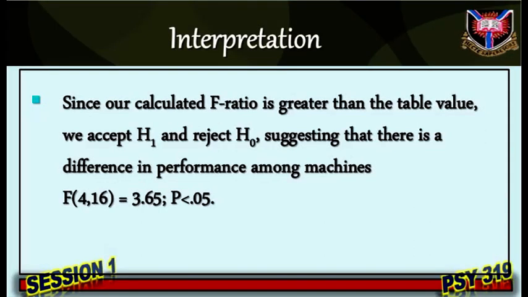Since our calculated F ratio 3.65 is greater than the table value 3.01, we accept H1 and reject H0. This suggests that there is a difference in performance among machines. F(4, 16) is equal to 3.65, P is less than 0.05.